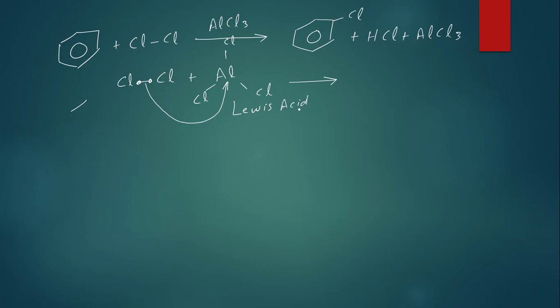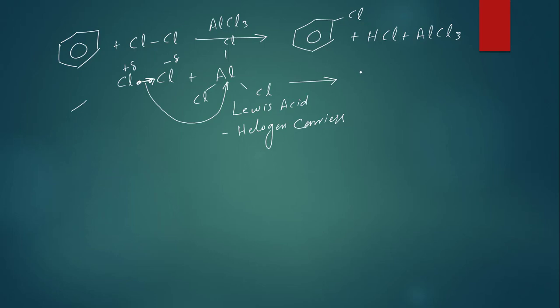Lewis acids are those that can accept a pair of electrons. They are also known as halogen carriers. So this lone pair is being attracted to this, it will have a negative charge, and the electron of this chlorine will also be attracted to this side, so it will have a positive charge.